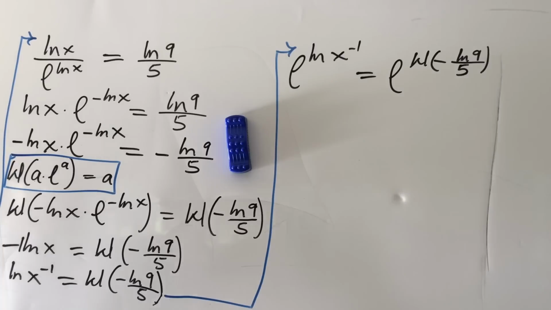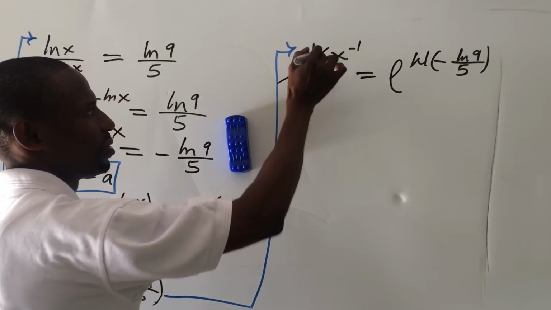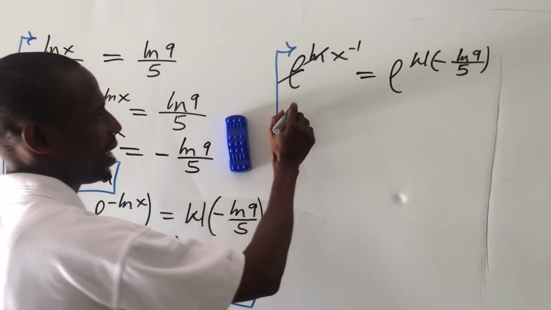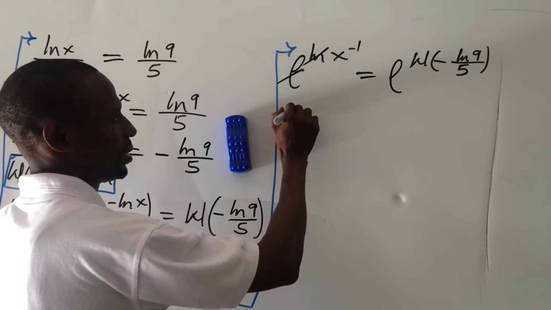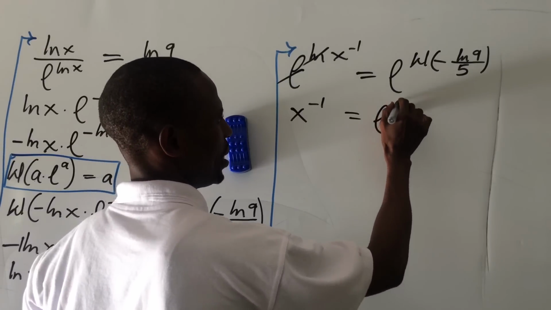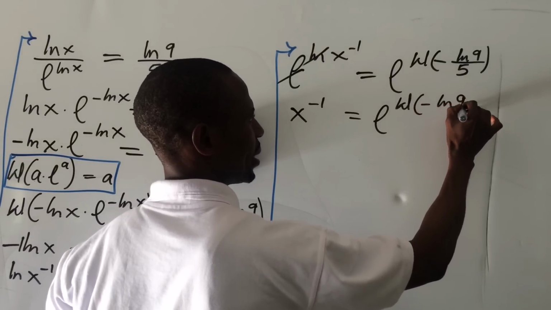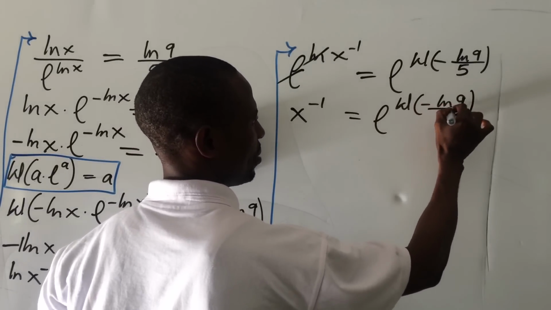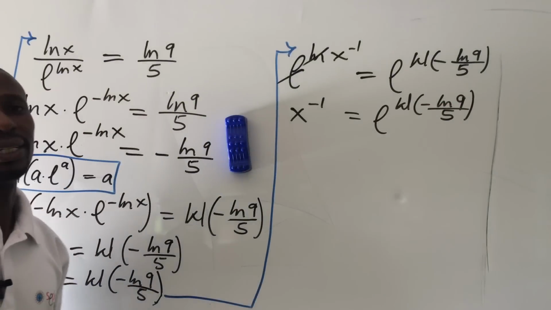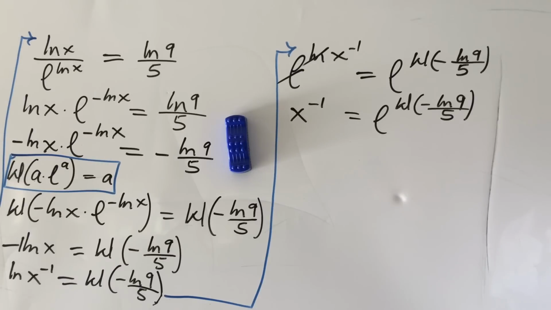Now, with this e, we go with this ln. So we're left with x to the power of minus 1, which is equal to e to the power of W of minus ln of 9, close bracket, all over 5. Easy. Like I told you, it's a bit rhetorical, but we're almost there.